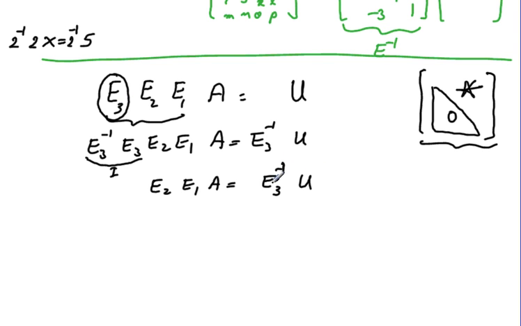Now what do you think I'm going to do next with E2? When I get rid of E2, in what place is it going to show up on the other side of the equation? When I get rid of E2, I'm left with just E1. Where is E2 going to go? Here, in the middle, on the right, which one of them? Remember, matrix multiplication is not commutative.